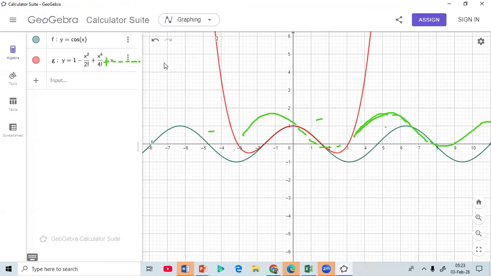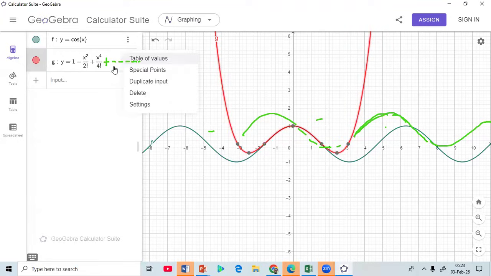The more values you have, the more you'll find that your series converges at that particular point. It goes on converging up to when you reach a particular point. So it's just an approximation.